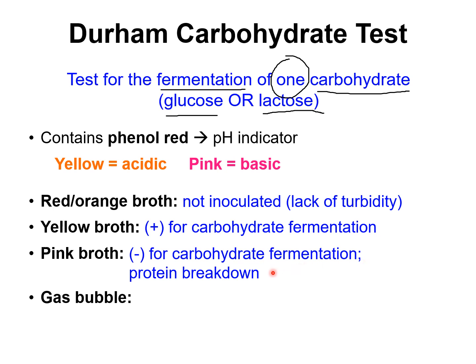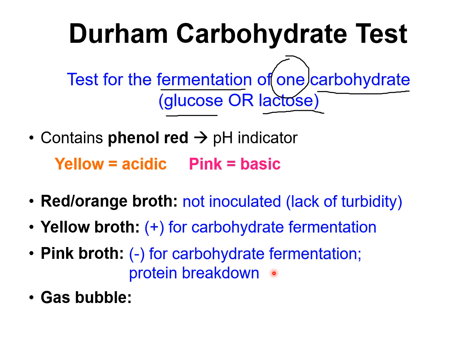Well, the broth usually has other stuff other than carbohydrates. We add proteins in the broth. And so if you see that your broth turned pink, right, it went from that red orangish color, which is not inoculated, and now it's pink, it tells you that your bacteria grew, but it wasn't able to ferment the carbohydrates.